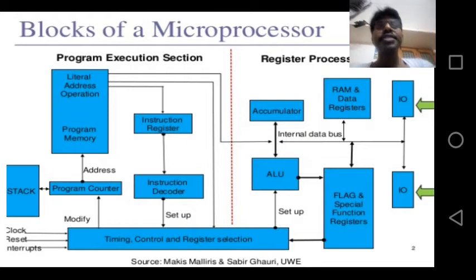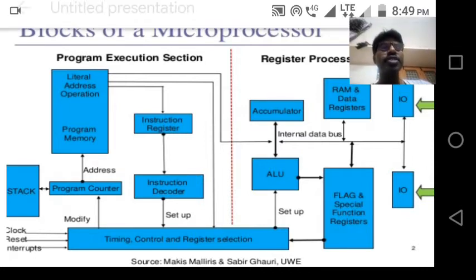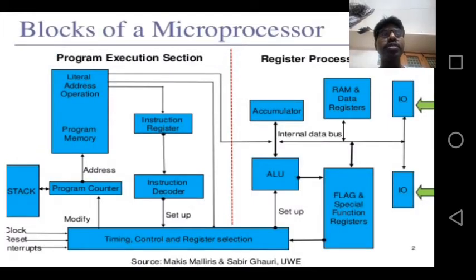So let's take an example of instruction architecture. These are the blocks of a microprocessor that all of you know. These are called the program execution section. This program execution section contains literal address operation, program memory.